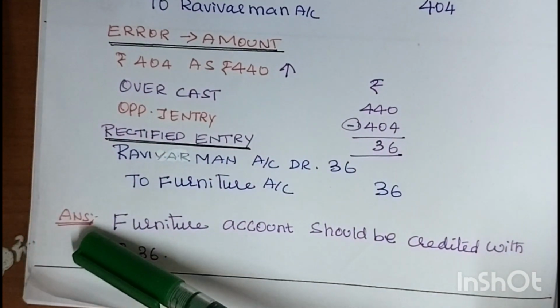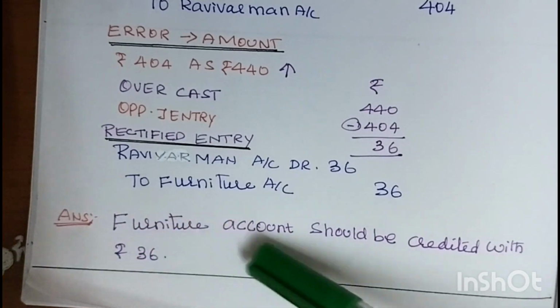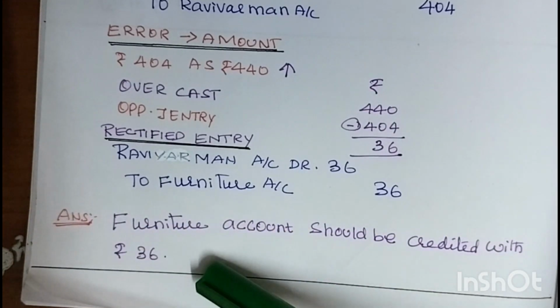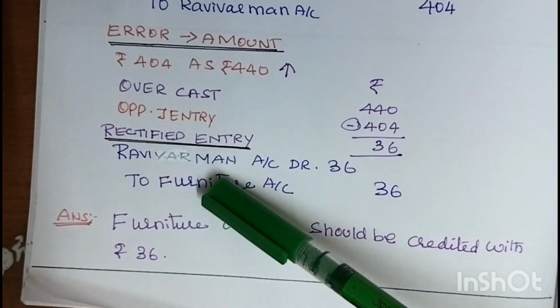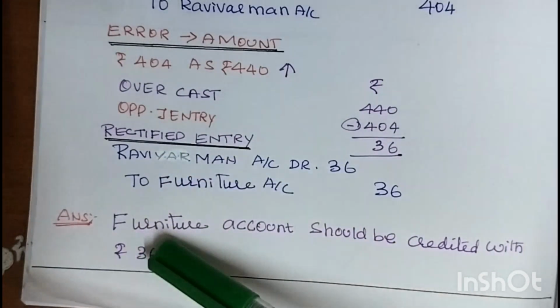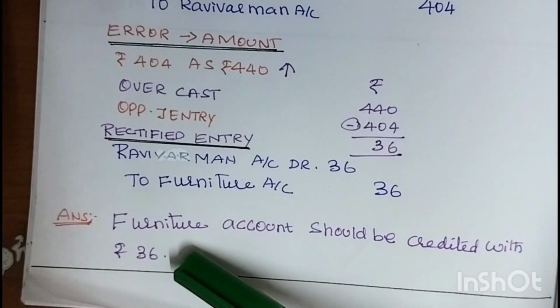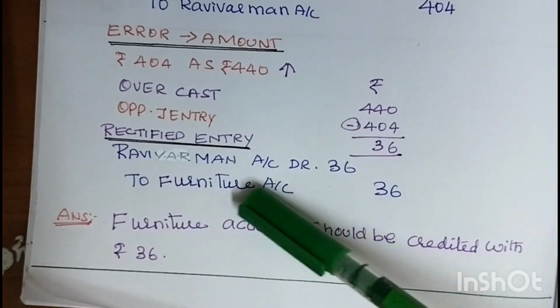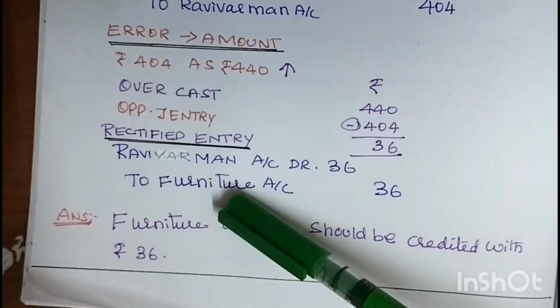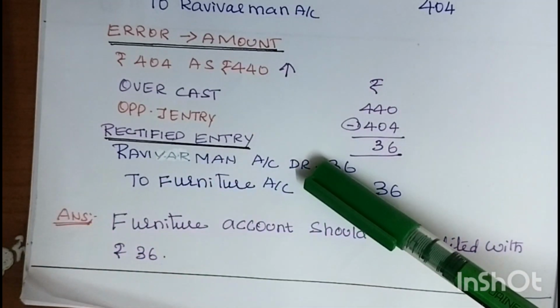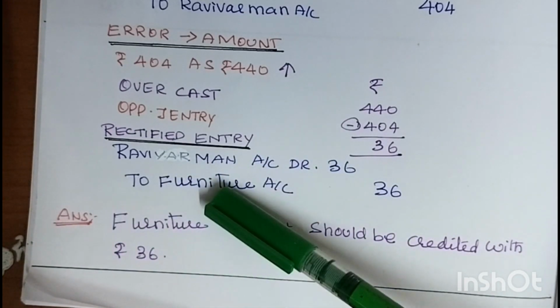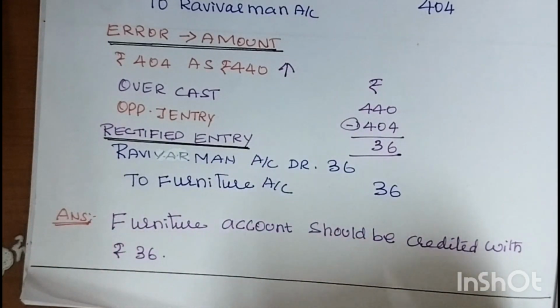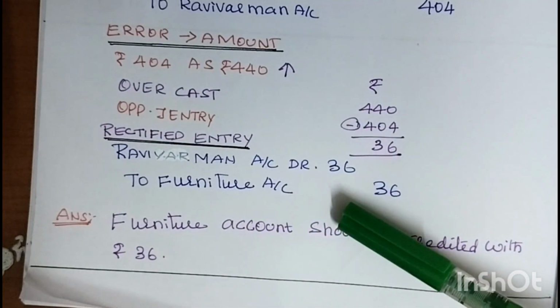What is the answer? Furniture account should be credited with rupees 36. We have to compare this answer with the rectified entry. Debit means debited. To means credited. So furniture account should be credited with 36 rupees.